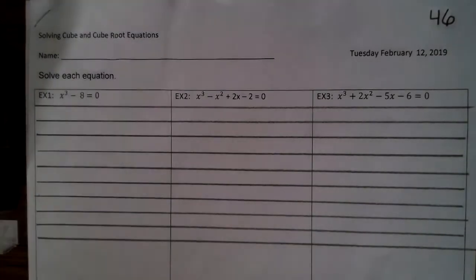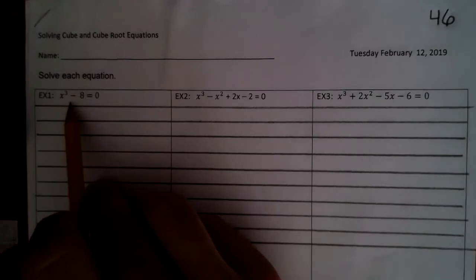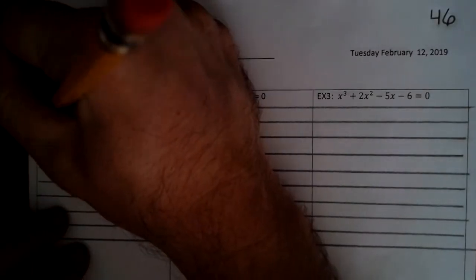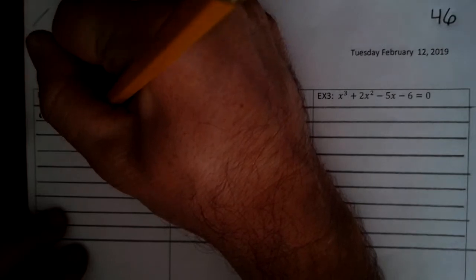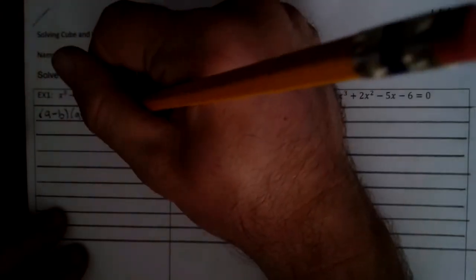Example 1. Now, looks like we're going to factor using the difference of cubes. So the formula we need for example 1 is this. A minus B times A squared plus BX plus B squared.